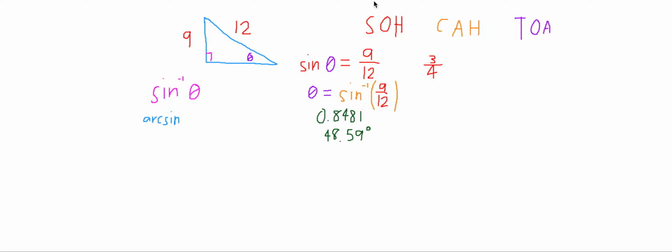Now could you also do cosecant as well? We have CSC theta. However, keep in mind that this is going to be 12/9 instead of 9/12, because cosecant is simply 1 divided by sine theta.